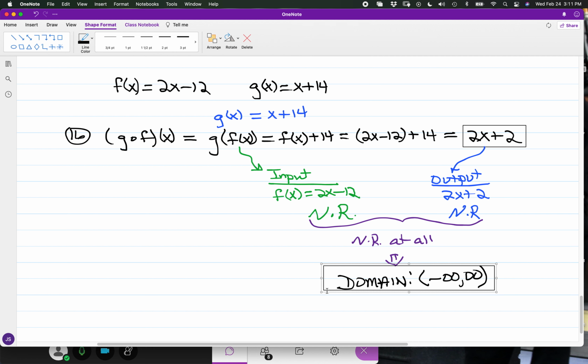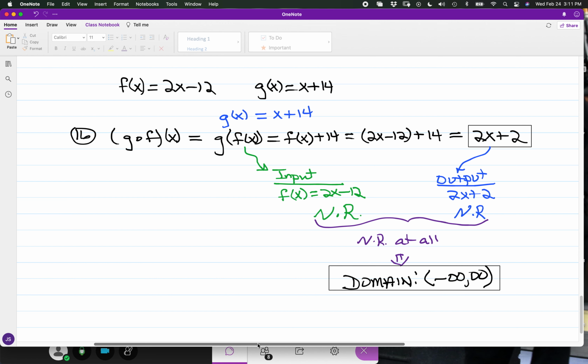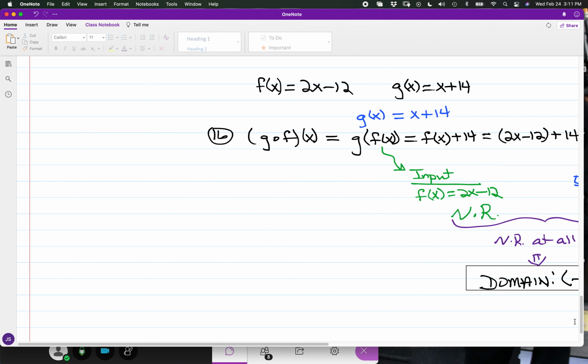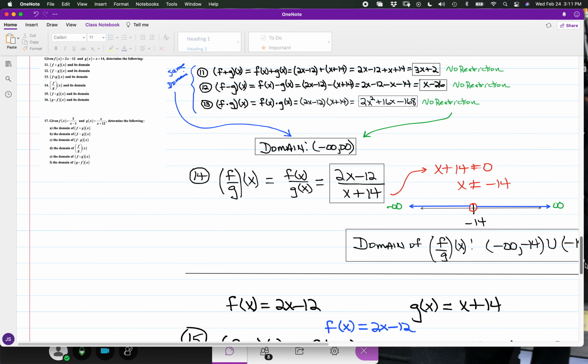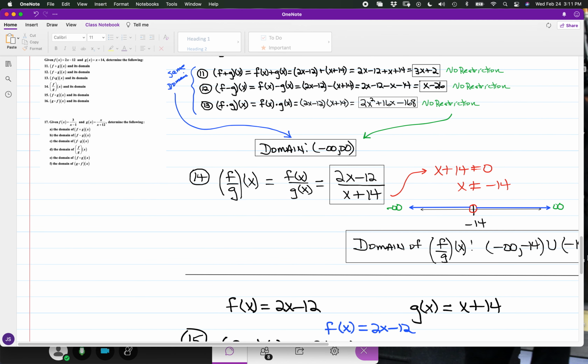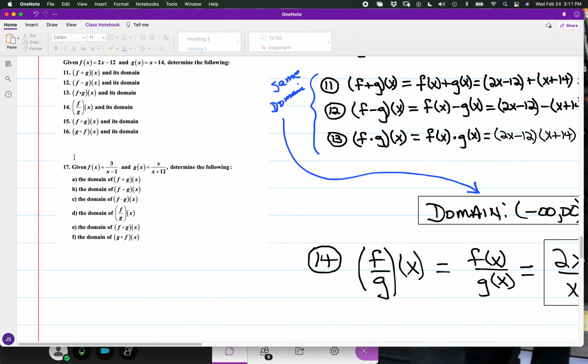All right. Now, just in the determination of the domain, we'll look at, let's say, just the first three functions, the sum, difference, and product functions. Now we have two rational expressions.